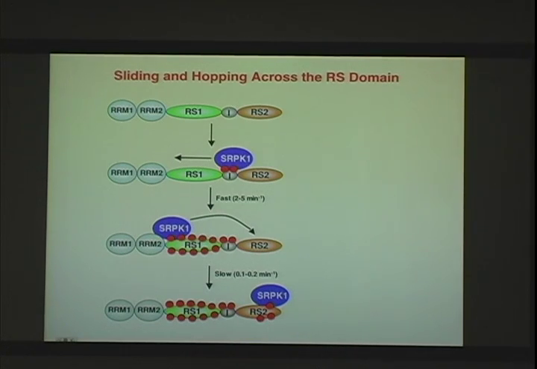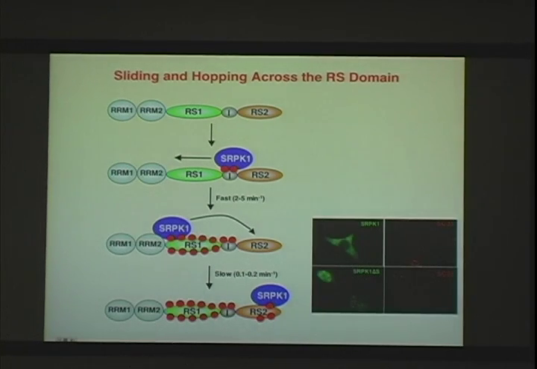Now, I'm not quite sure. We know that this reaction here in RS1 is physiological. We know that that's a key fast step that has to happen in order to get these SR proteins into the nucleus. Whether that other reaction that's going on here is physiological, we don't know at this point.